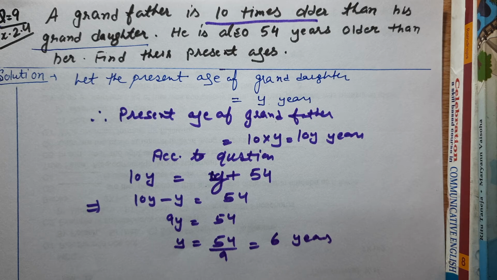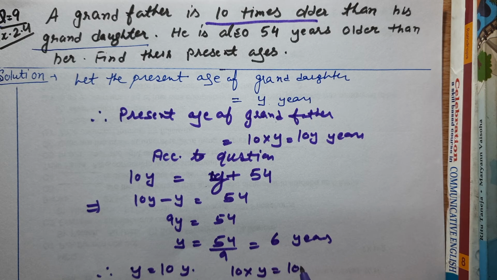So the age of the granddaughter is 6 years. So what will be the present age of the grandfather? 10 into 6, 60. Therefore, y is equal to 6 years. 10 into y is equal to 10 into 6, 60 years.